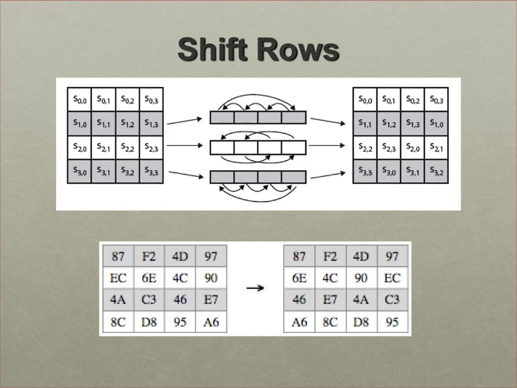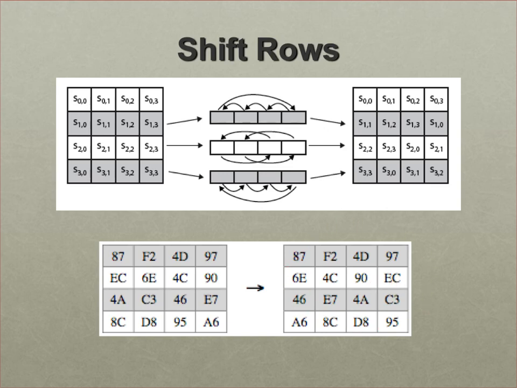And then we take the third row and we shift it 2 positions. And this one is 3 times, which means 1 to the right. Very simple, very straightforward. So this will be the result, which we call another state matrix.